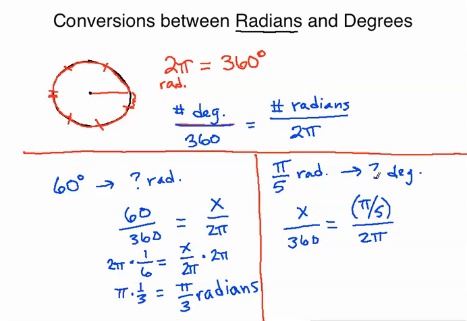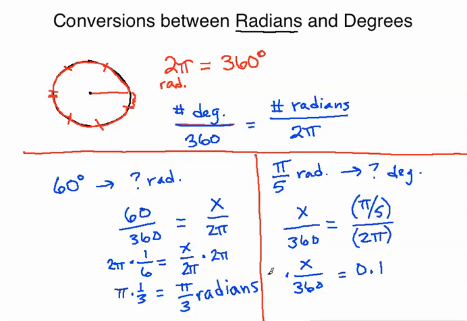Well, pi over 5 divided by 2 pi, you can actually deal with this in your calculator. Just make sure this is in parentheses up top. So pi over 5 divided by 2 pi. You'll also want the bottom to be in parentheses. Gives you 1/10 or 0.1.